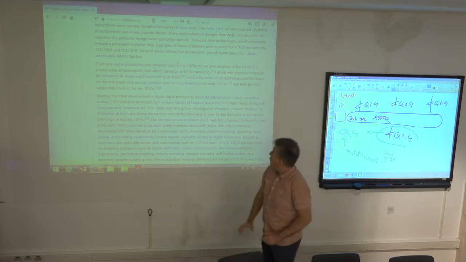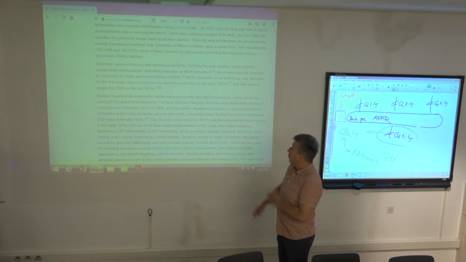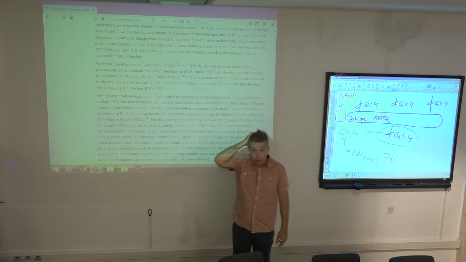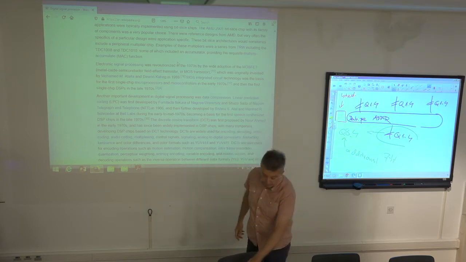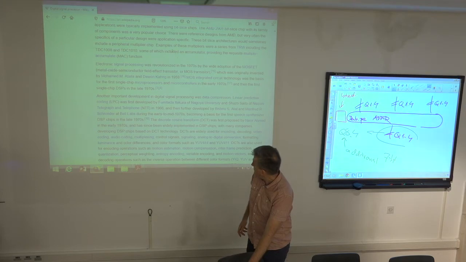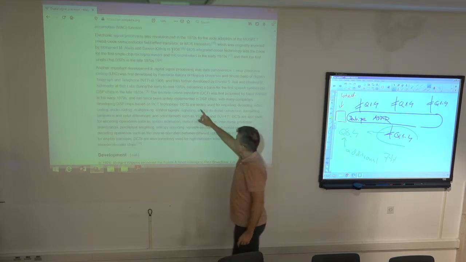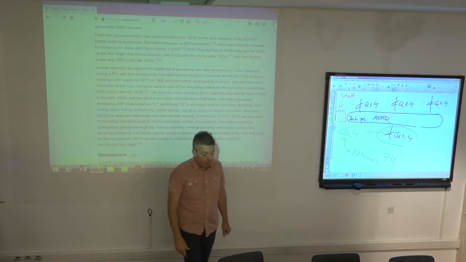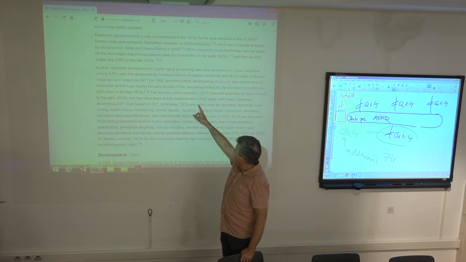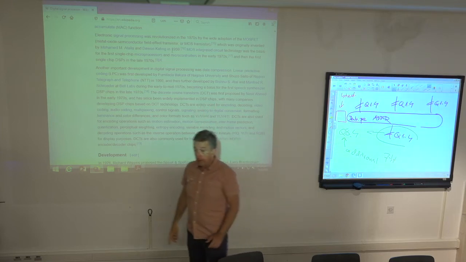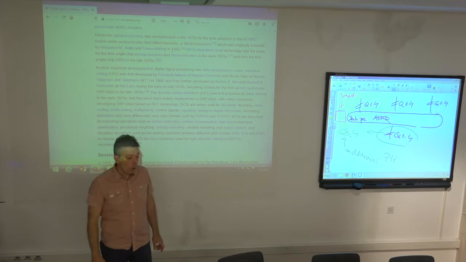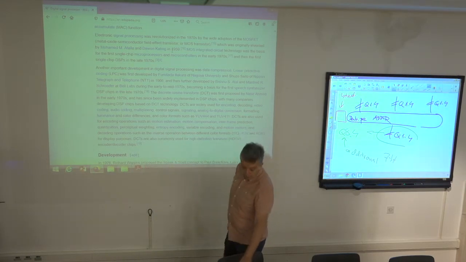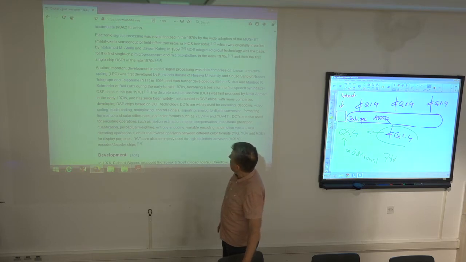The motivation for these DSPs was primarily related to data compression, especially for speech communication, for transmitting speech in digital form. And two researchers from Japan, NTT, Nippon Telegraph and Telephone, Itakura and Saito, invented the so-called linear prediction coding of speech, or LPC for short.